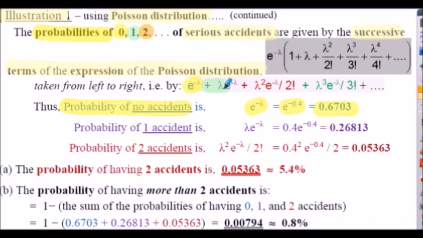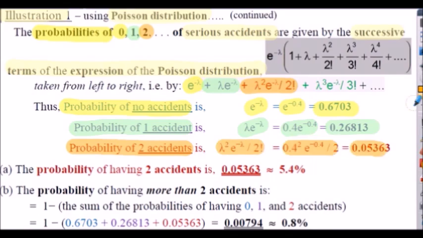The second term in our expression, probability of 1 accident occurring, is evaluated here. And the third term in our series, probability of 2 accidents occurring, evaluated here. So part A, we have to state the probability of 2 accidents occurring, and that's shown above, approximately 5.4%. It's our third term in our series.